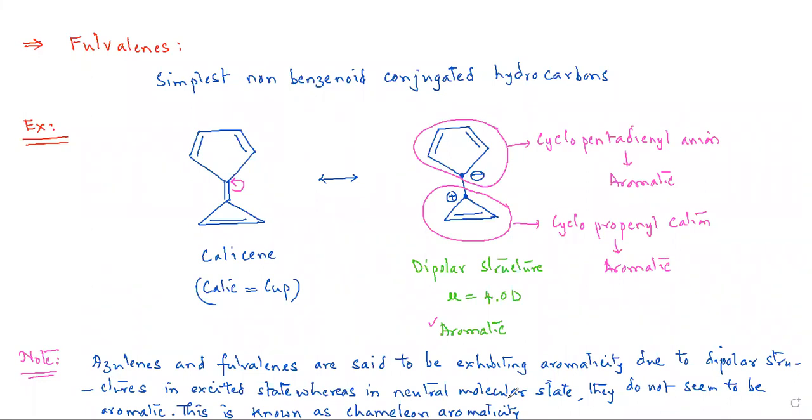You know, that chameleon is the one which changes its color. So this is very interesting. Chameleon aromatics. Because they exhibit a dipolar structure in excited state and of course exhibit aromaticity. But in neutral molecular state, they don't behave as aromatic. Okay.